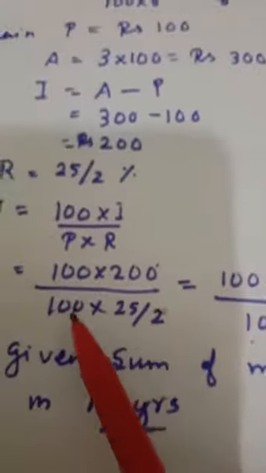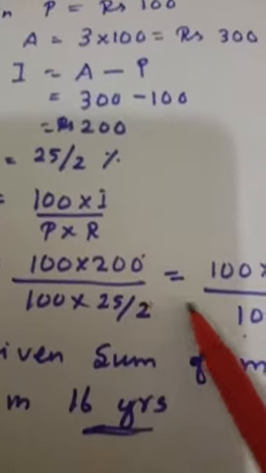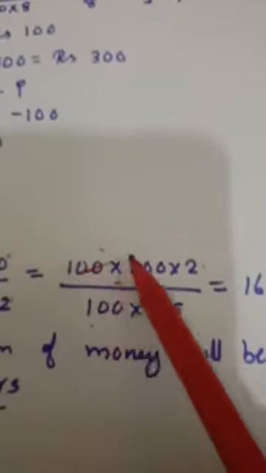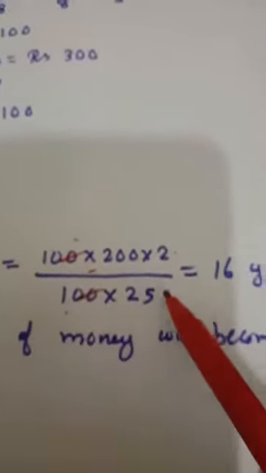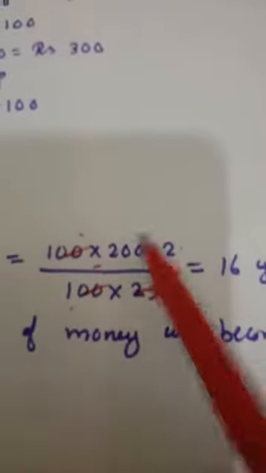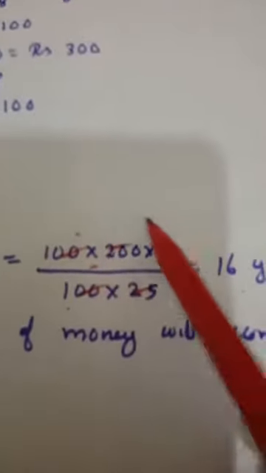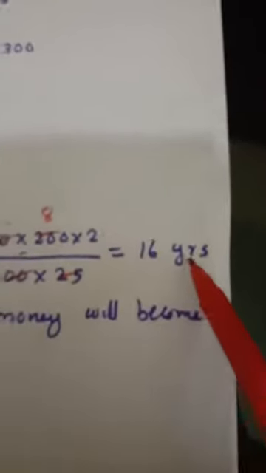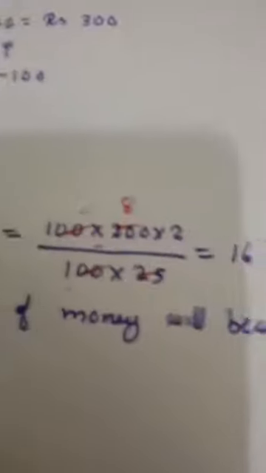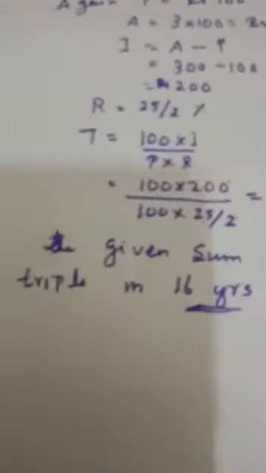Otherwise this 2 moves to the numerator, so this 100 and 100 get cancelled. 25, 8 times. So 8 into 2, 16 years. Okay. The given sum of money will become triple in 16 years.